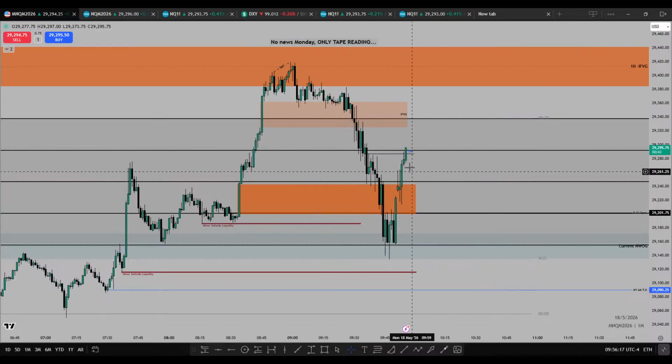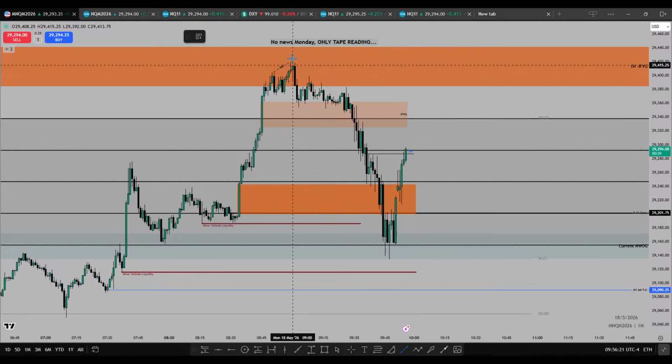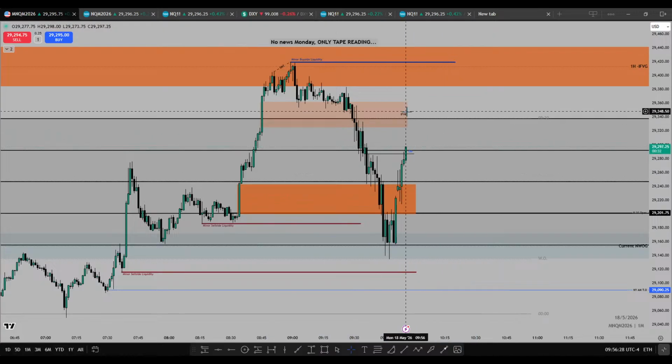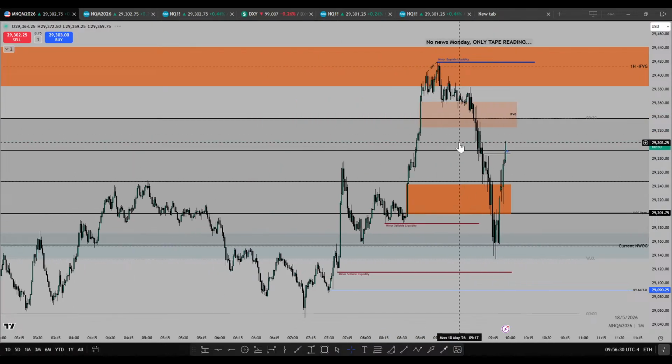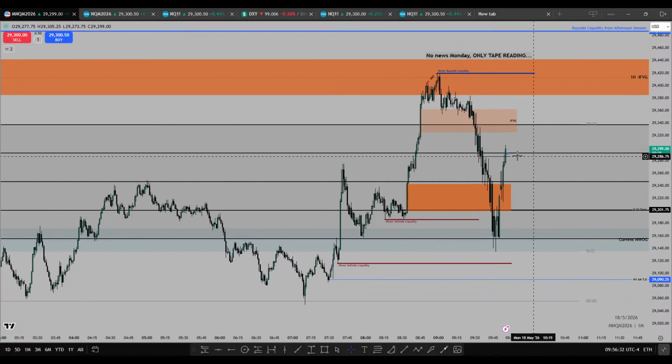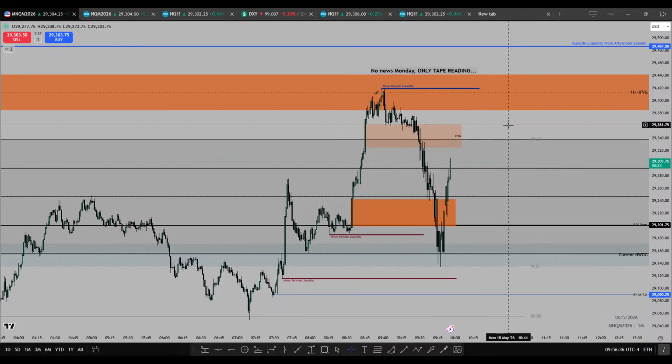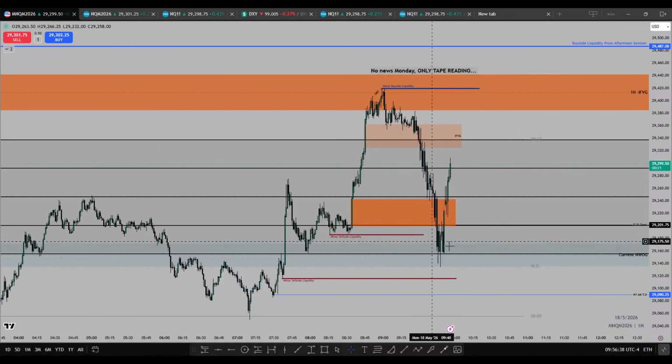So अगर Nasdaq can also push through this high and take out our minor buy side here, right? Minor buy side liquidity. See, I told you this is a sweet spot.